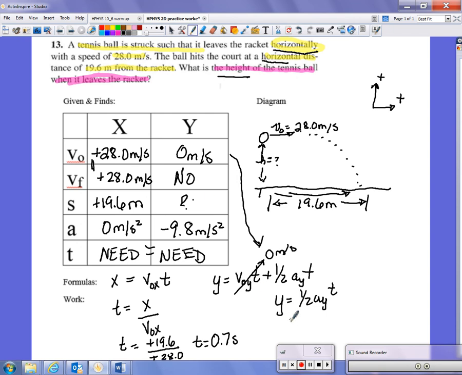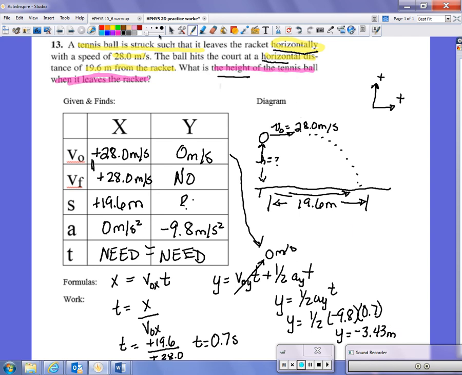So I'm set up fine to just plug in. So y equals 1/2 times negative 9.8 times the time 0.7 squared. So my y displacement, we're going to plug that in, 1/2 times negative 9.8 times 0.7 squared. So I have a y displacement of minus 3.43 meters.